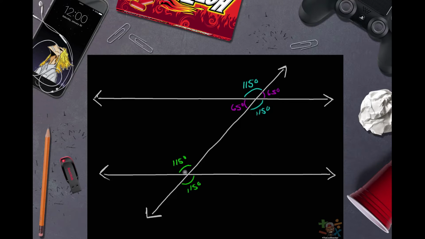And last but not least, my last set of vertical angles will be like this. These are also 65 degrees. And sheesh, that doesn't even look like a 5. Let me fix this real quick. 65 degrees. And remember, because this angle is like this and this angle is like this, they touch at the nose or once again face each other.